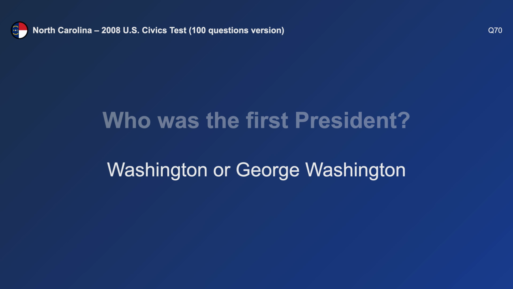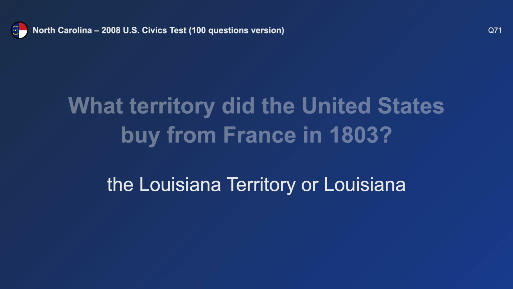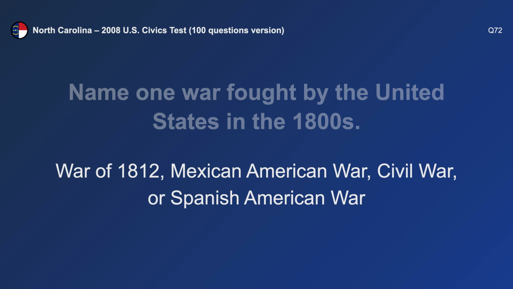Who was the first president? George Washington. What territory did the United States buy from France in 1803? Louisiana. Name one war fought by the United States in the 1800s. Civil War.